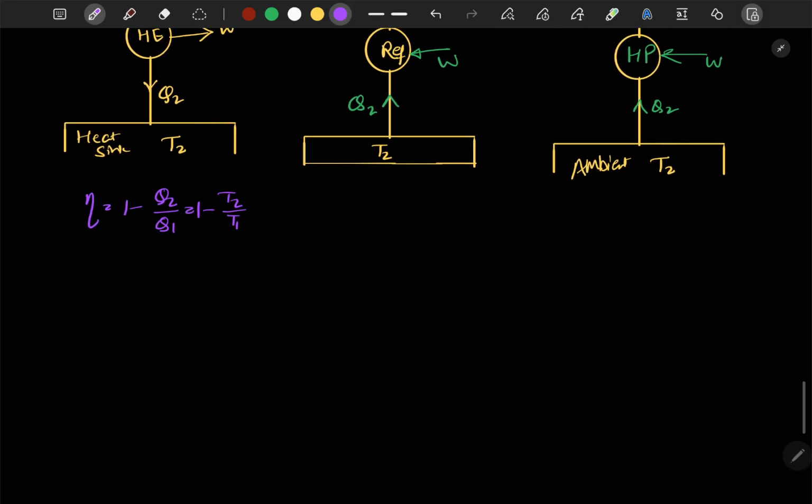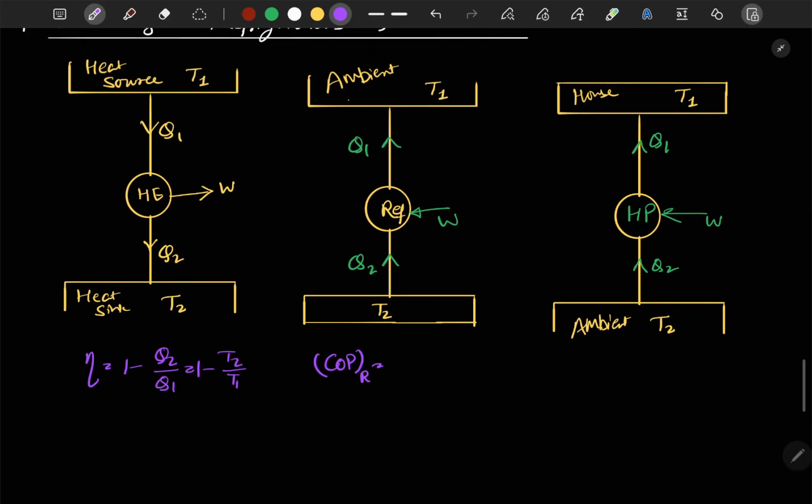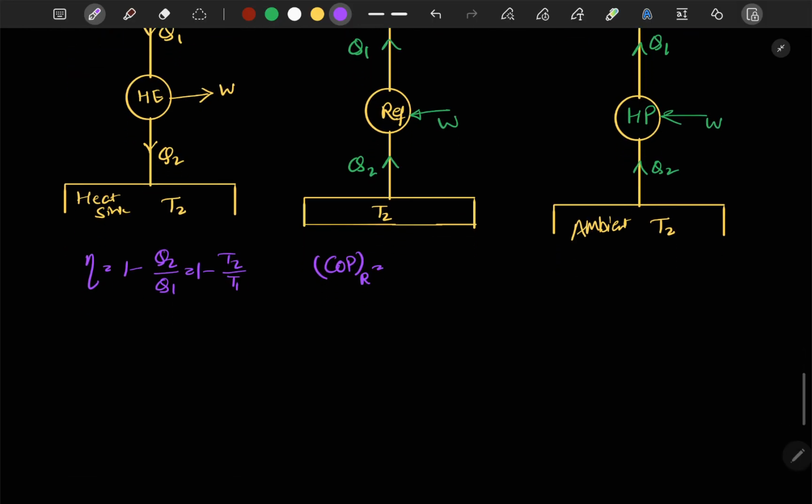Now your COP of refrigerator is given as, I have told you that COP or efficiency both are desired effect upon energy input. In this case your desired effect is your lower temperature, or you can say the lower heat Q2, and your input is this W. So you can write it as Q2 upon W, which is Q2 upon Q1 minus Q2.